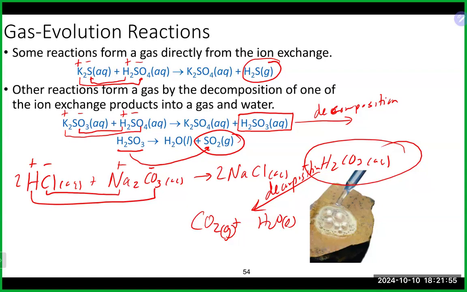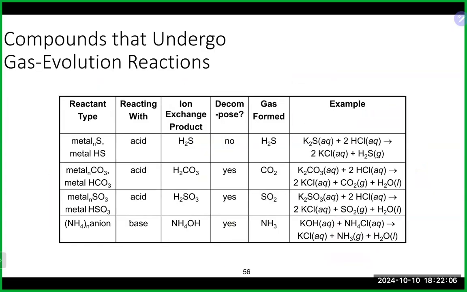We're going to look at a table here that will help you make that decision, so you have an idea as to whether you'll get the gas directly or whether something will go through an intermediate step. Most of the time, this is the table that helps you decide.